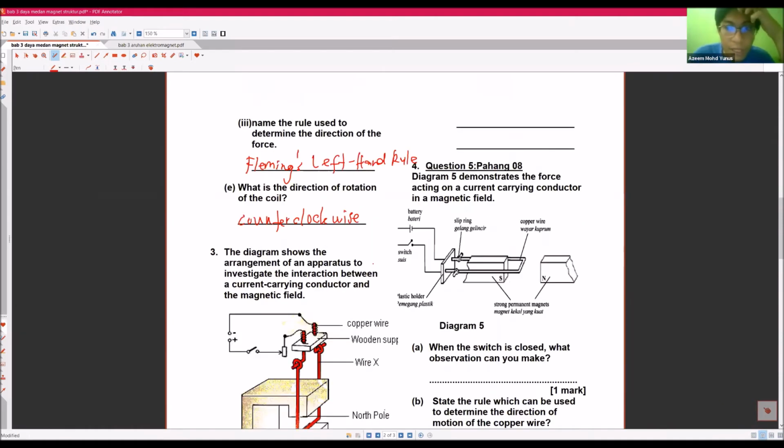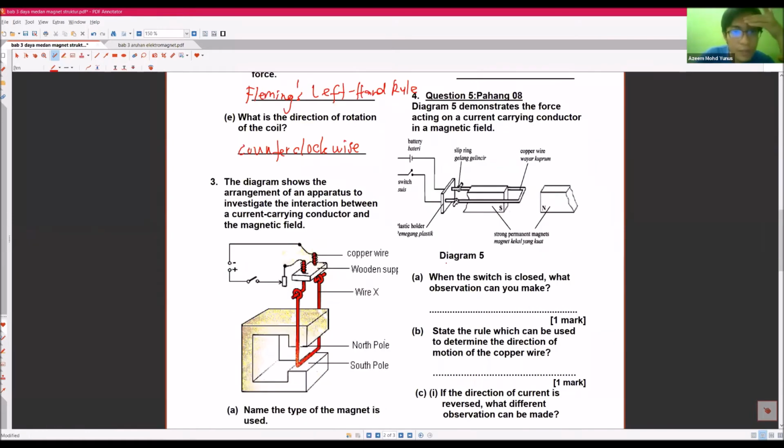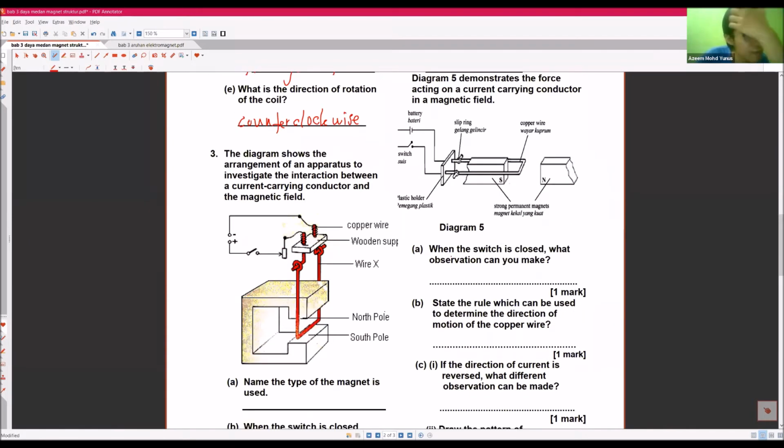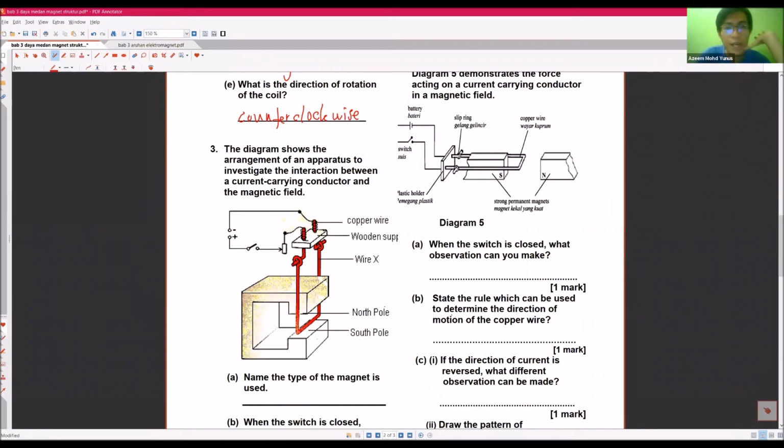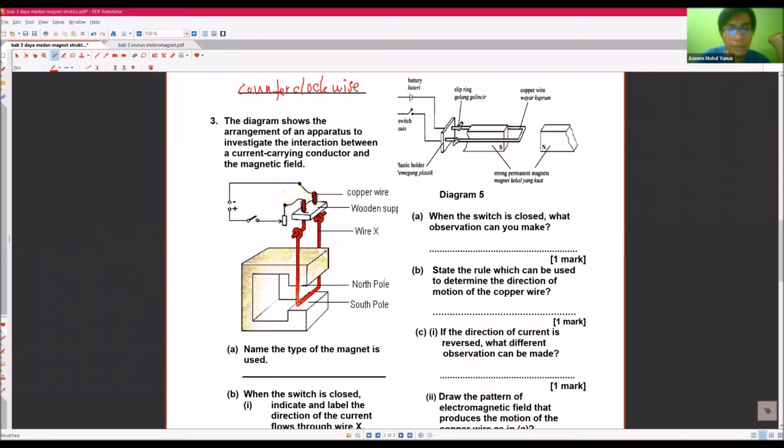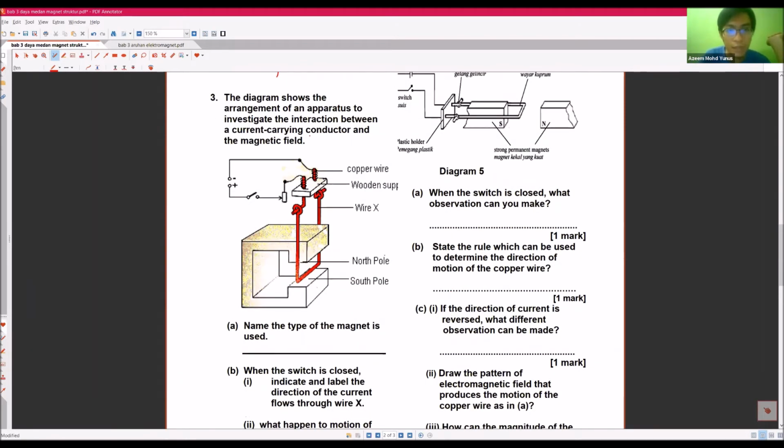Okay, number 3. The diagram shows the arrangement of an apparatus to investigate the interaction between a current carrying conductor and the magnetic field. So this is a motor. How do I know that? Because of the magnetic field and a current carrying conductor, or we can say that it has a battery. So end of the story here.